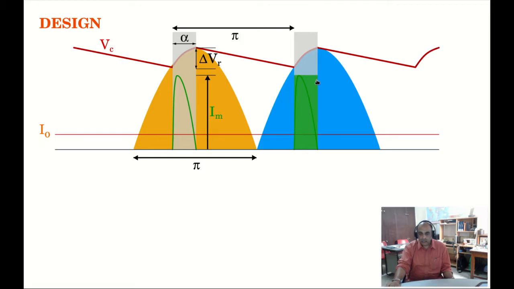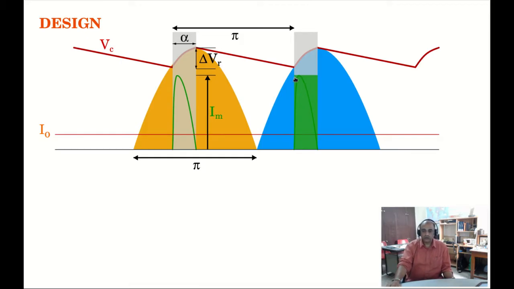If you consider this green rectangular box, and design your components for this flat topped rectangular pulse, then definitely it will handle the inner shaped pulse as it comes out of the capacitor filter rectifier.